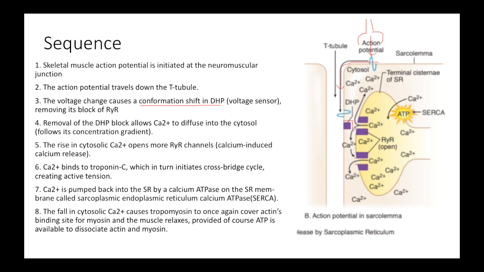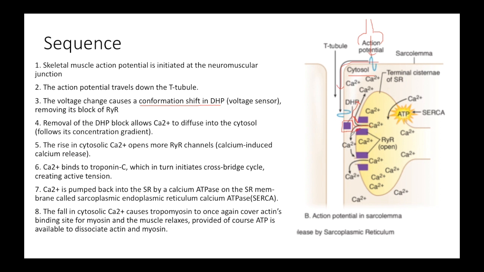So these guys get a shape change, and what that does is move it away from blocking the ryanodine receptors. This space is now open for business, so calcium can now leave out into the cytosol. Because we have so much calcium in here, it's just going to follow the concentration gradient and diffuse out.